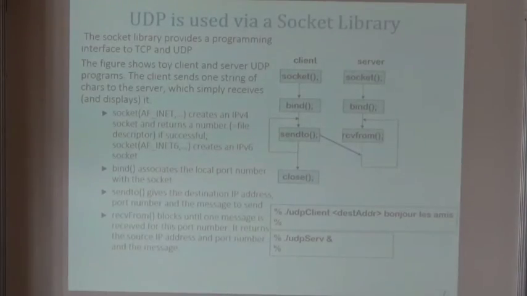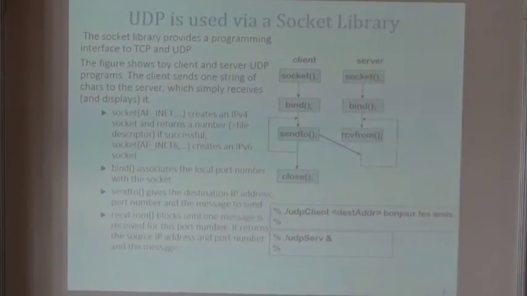You can control with options whether this is blocking or not blocking, but the default in principle is blocking. And the client side will be similar, except the client will do a send to. Here it means by this socket we can send to multiple destinations, and send to means I have to give the message I'm sending, plus also the IP destination address and the port number.